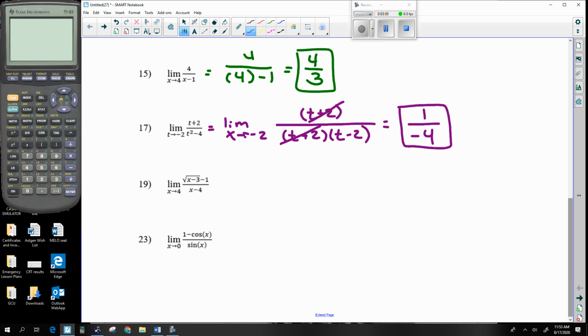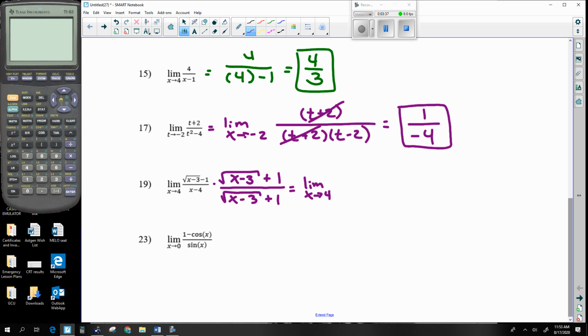All right, so we have some illegal mathematics here. With the numerator being a square root and a number, most likely we're going to be multiplying by the conjugate of the numerator. So this is going to be the square root of x minus 3, plus 1. That is what we're multiplying both the numerator and the denominator by, and it should probably come out to be something decent.